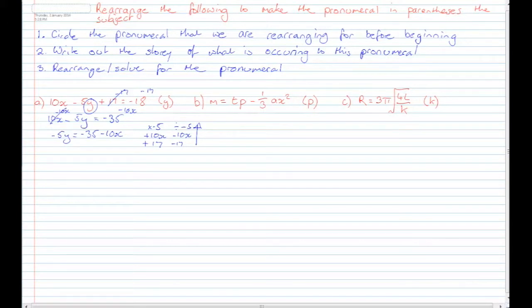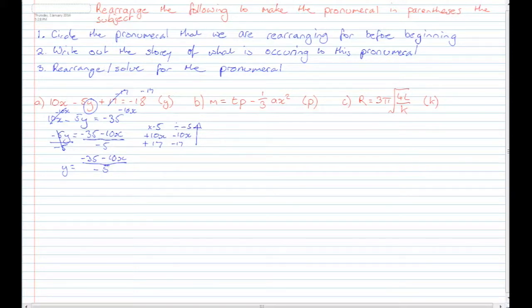So 10x will cancel out here, and you're left with that over here. Now we're going to divide both sides by -5, so divide by -5 and divide all of this by -5. The -5s will cancel out, so you get y is equal to -35 minus 10x over -5.